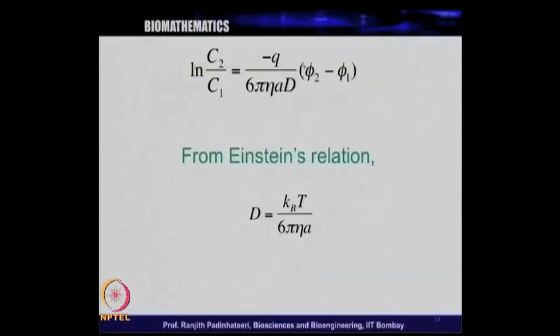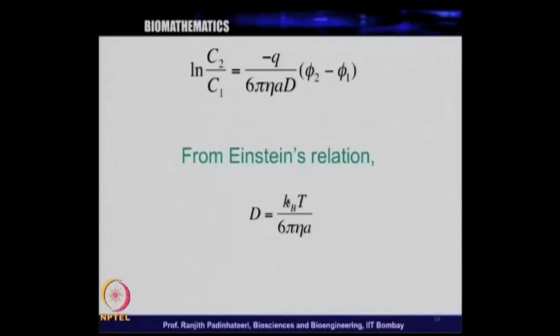So, what we have is this, and now there is something called the famous Einstein's relation. Einstein in his very famous 1905 paper derived a relation between the diffusion coefficient D and temperature and viscosity.